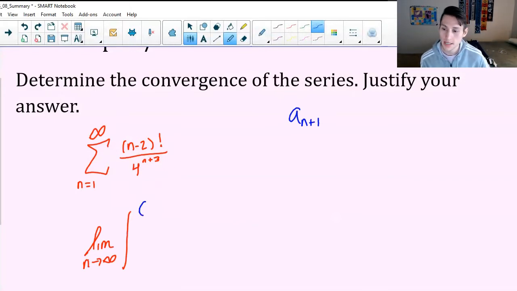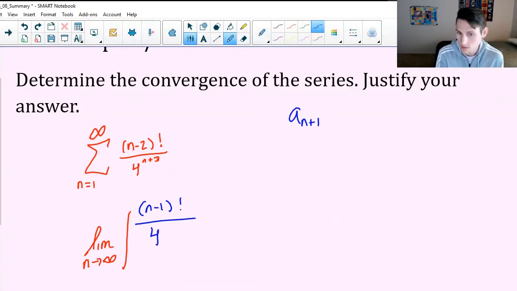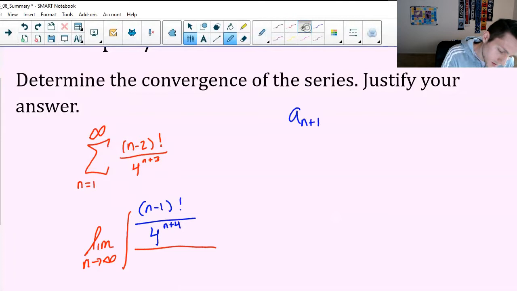So n plus 1 minus 2, so n minus 1 factorial, over 4 to the n plus 3, but we're plugging in n plus 1, so n plus 1 plus 3, so n plus 4, divided by a sub n, which is just my original sequence, n minus 2 factorial over 4 to the n plus 3.